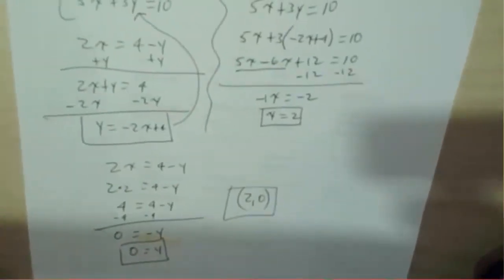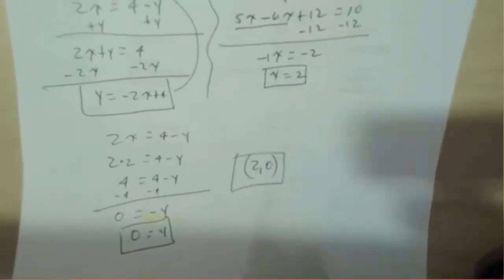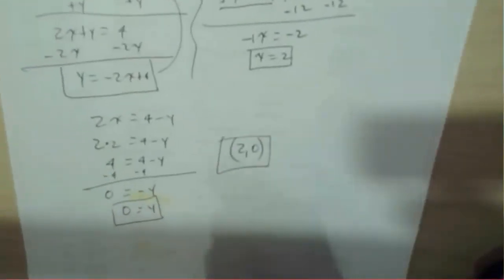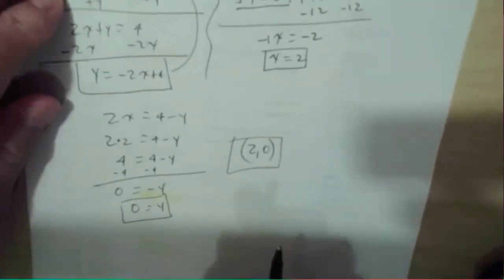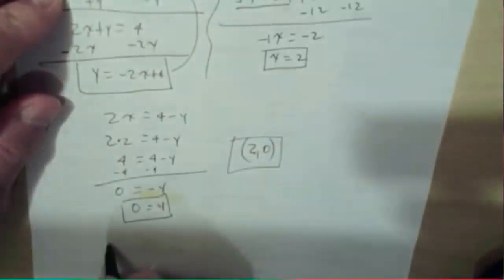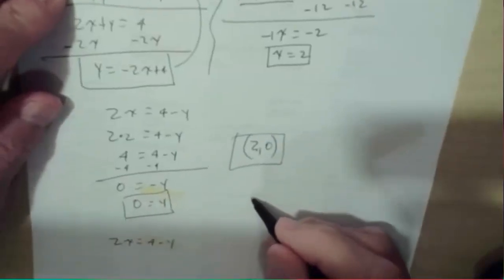You can see these problems are kind of long, but not particularly difficult. Now, at some point, you're going to need to plug these back into the original equations, 2x equals 4 minus y, to check for extraneous solutions.